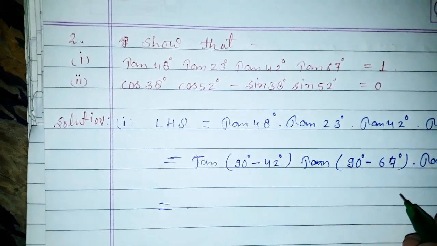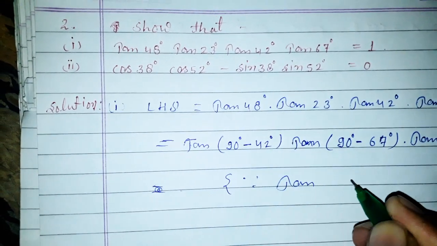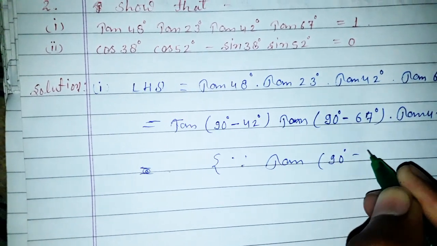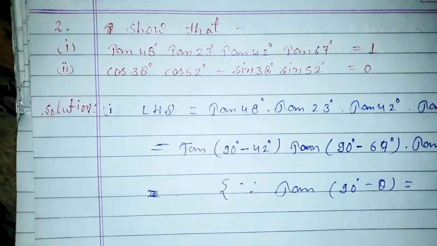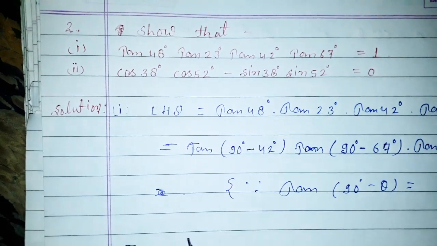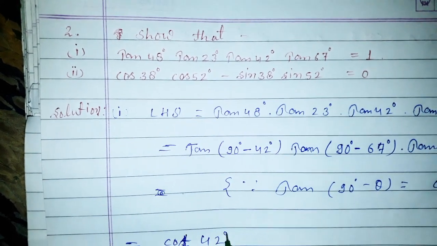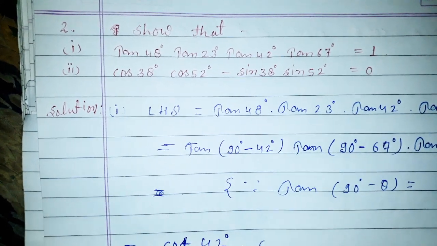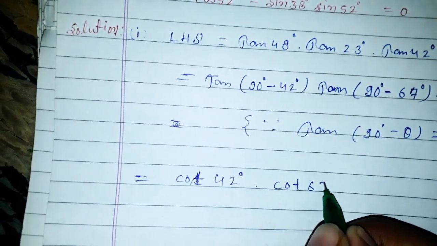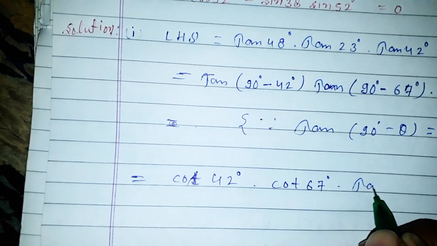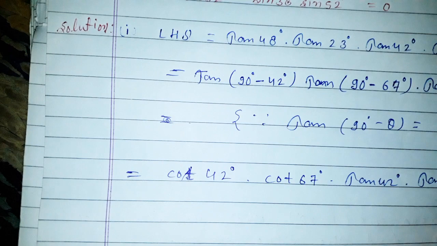Here we use the formula tan(90 minus theta) is cot theta. So this is cot 42 degree, cot 67 degree into tan 42 degree into tan 67 degree.